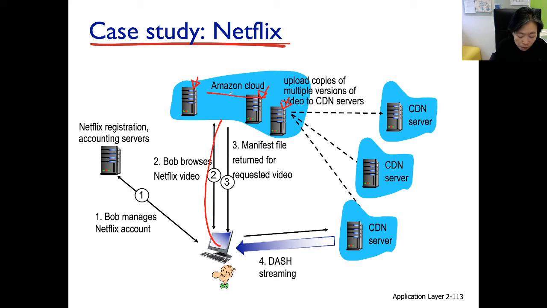Now once Bob has decided on watching a video, then in step 3, the manifest file of that video is returned to Bob. And Bob will begin to fetch the video from the physical machine Amazon has set up to store that particular video, somewhat close to Bob. Last, the CDN server begins DASH streaming the video over HTTP.